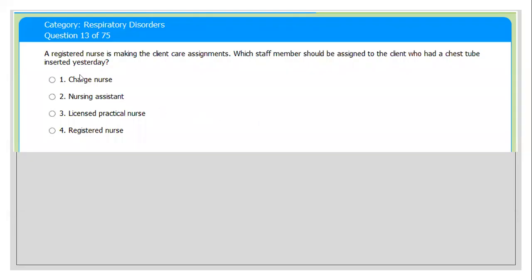The first question here: a registered nurse is asking about the client care assessment. Which staff member should be assigned to the client who has a chest tube?